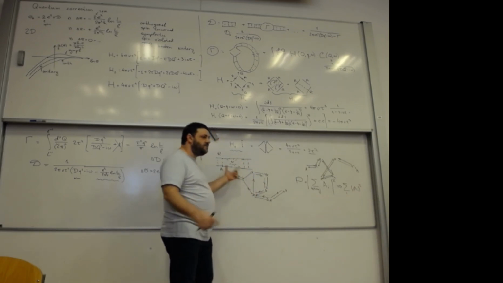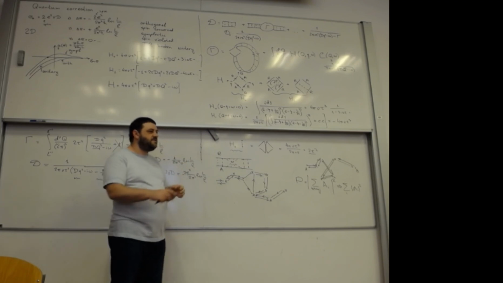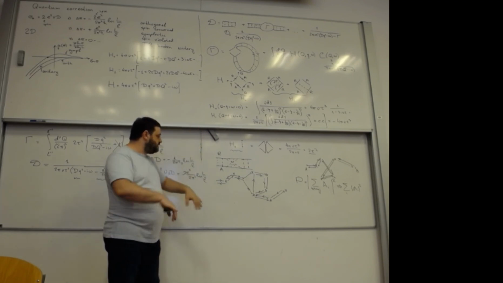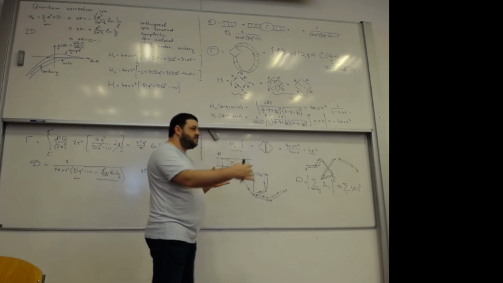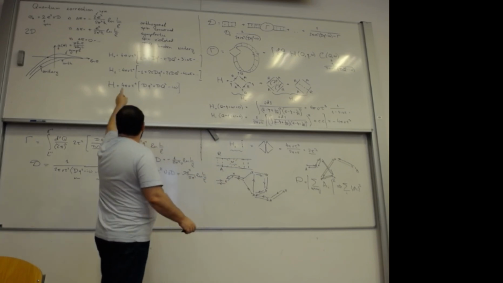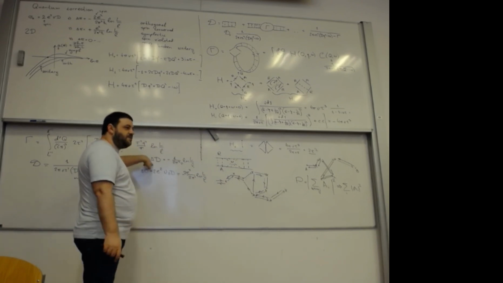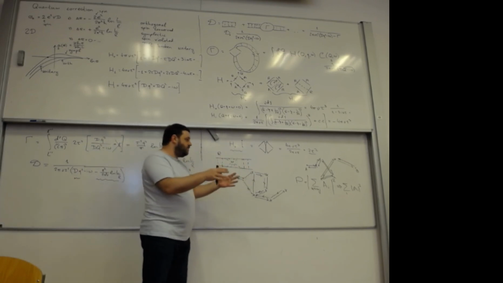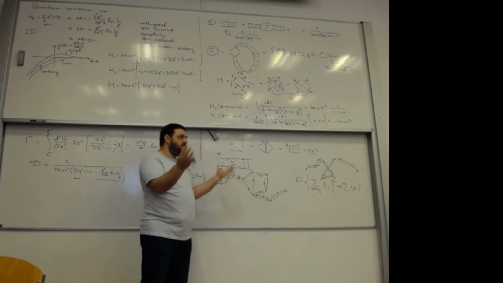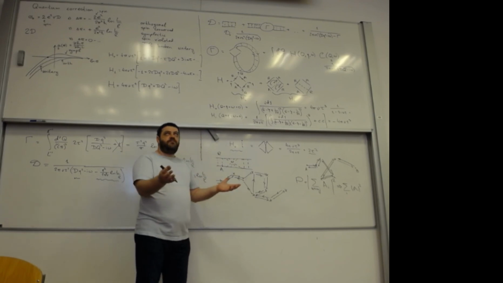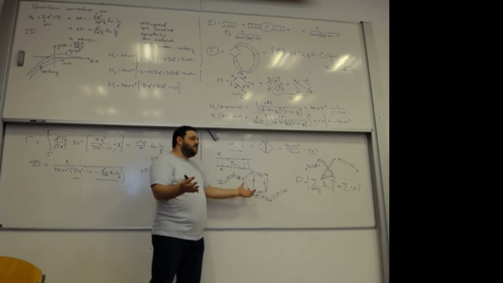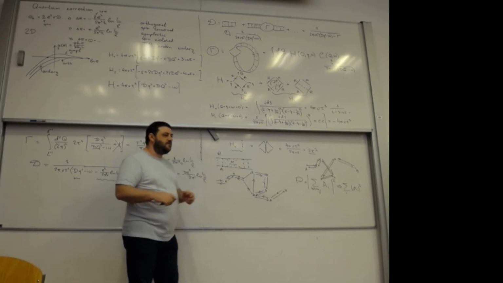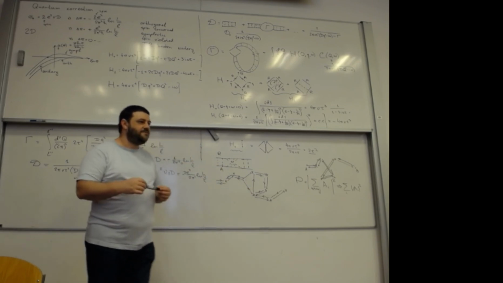Actually, this interference reduces the probability, so it slows down the diffusion. That's why we have a correction which is negative. The diffusion constant is reduced. It's a constructive interference that slows down propagation.